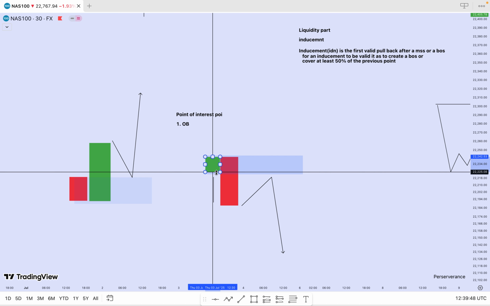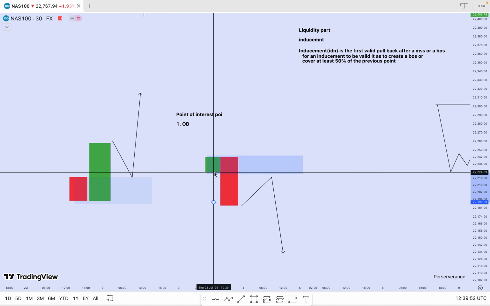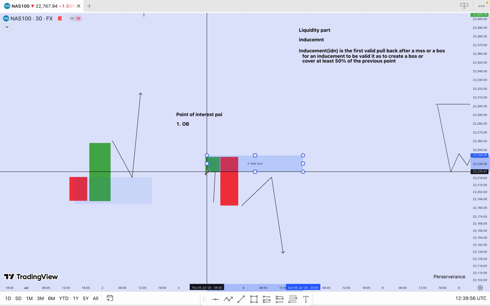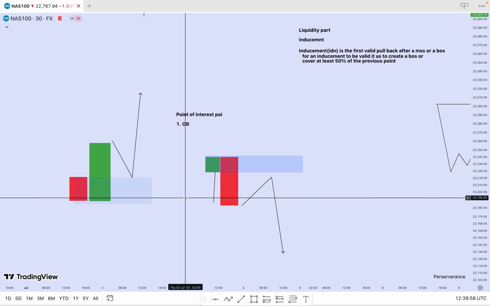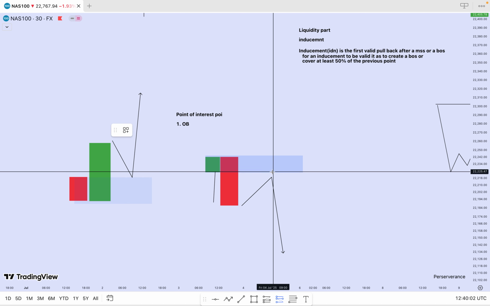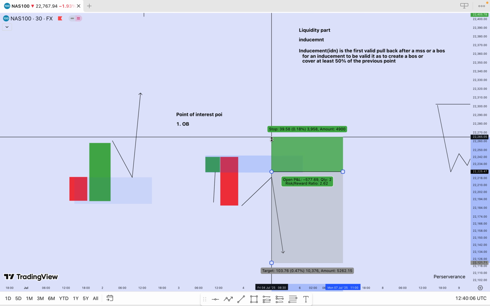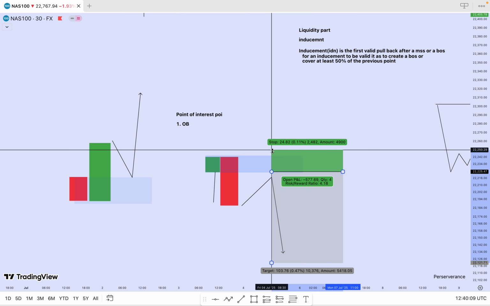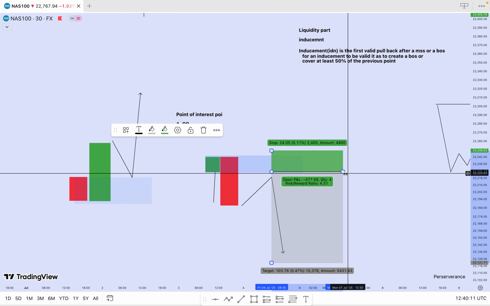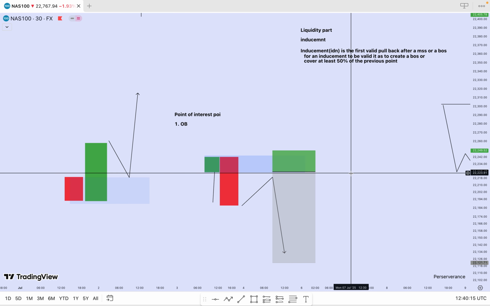You mark it from the body, which means you mark your entry from the body. Put your stop loss a little bit above it because of spread, and then you target and you take profits. So your entry will be from the body of the candle.